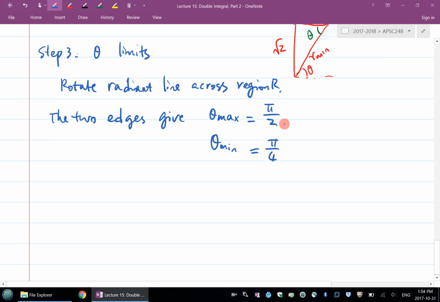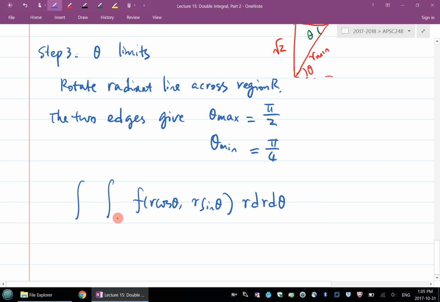So finally, you can set it up now for this region R. You substitute x with r cosine theta, y with r sine theta, and replace dA with r dr d theta.